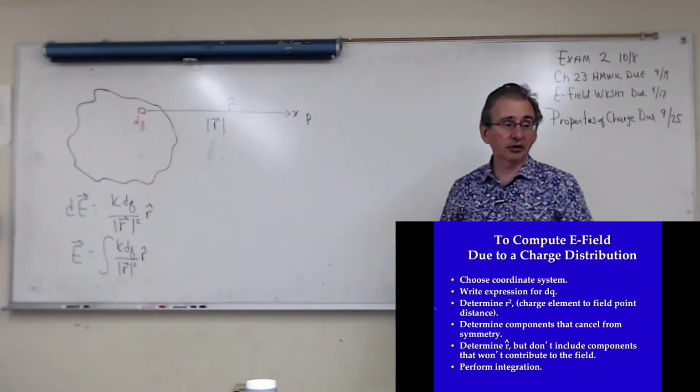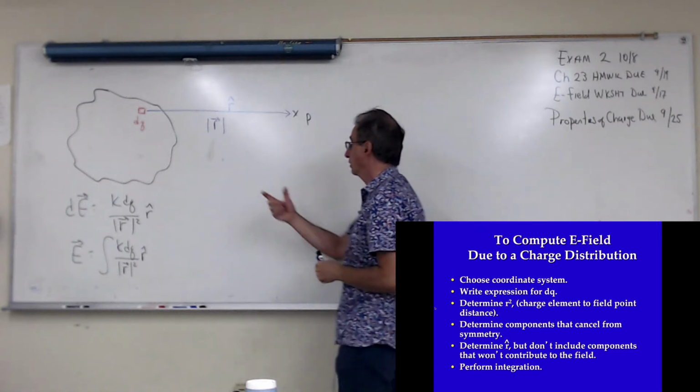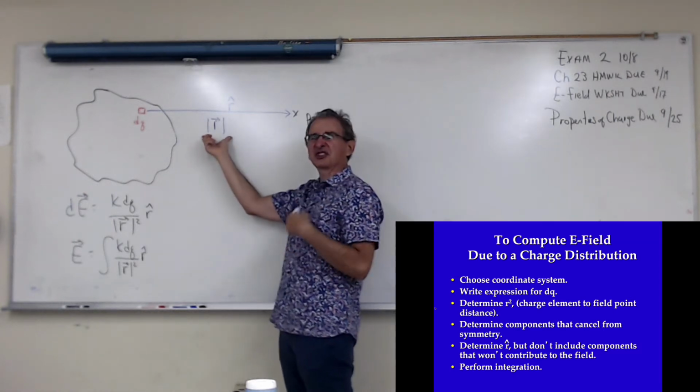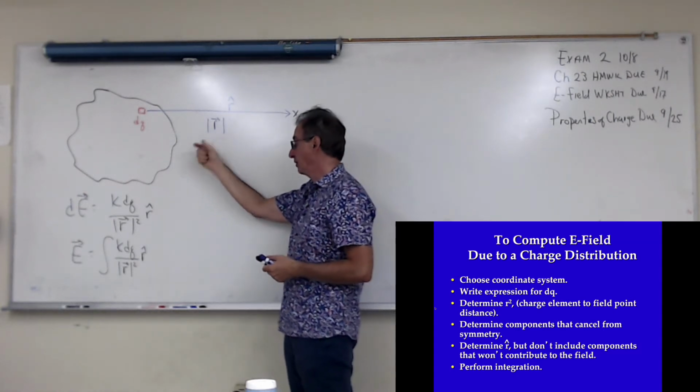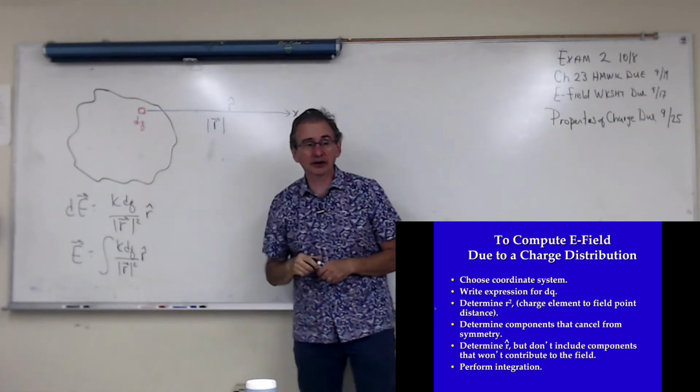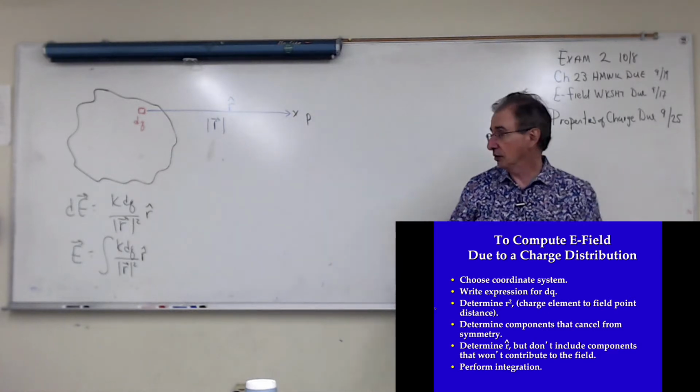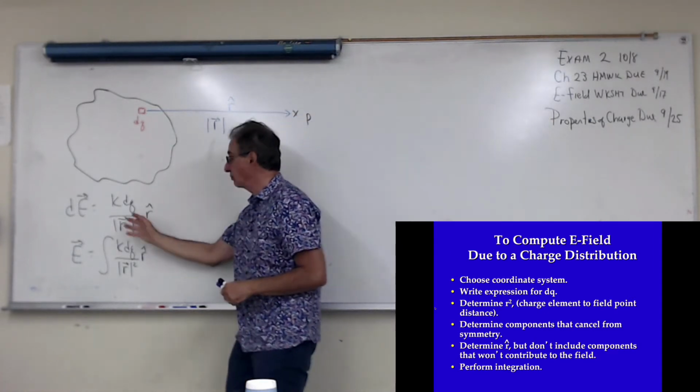Then you have to determine the length of this vector, and then square it, and then determine your unit vector r hat. Then you put it all together into this equation, and you integrate it.